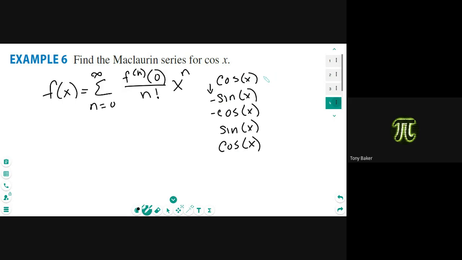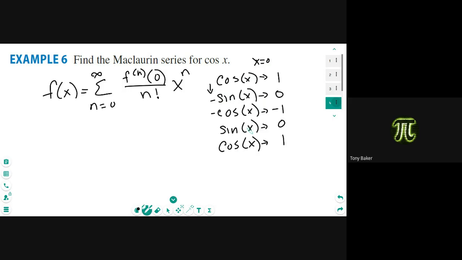If we plug in zeros, so x equals 0, because that's what we use for the Maclaurin series. What's cosine of 0? What's sine of 0? Cosine of 0? Sine of 0? Cosine of 0? Sine of 0?